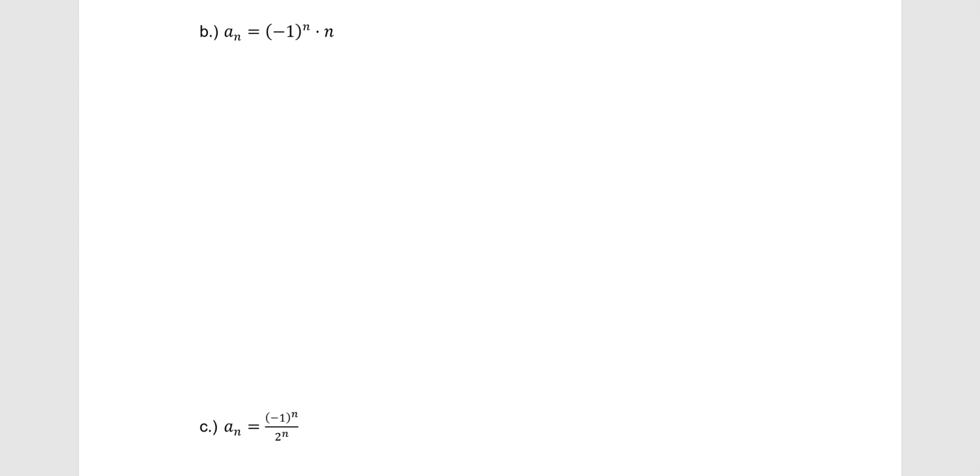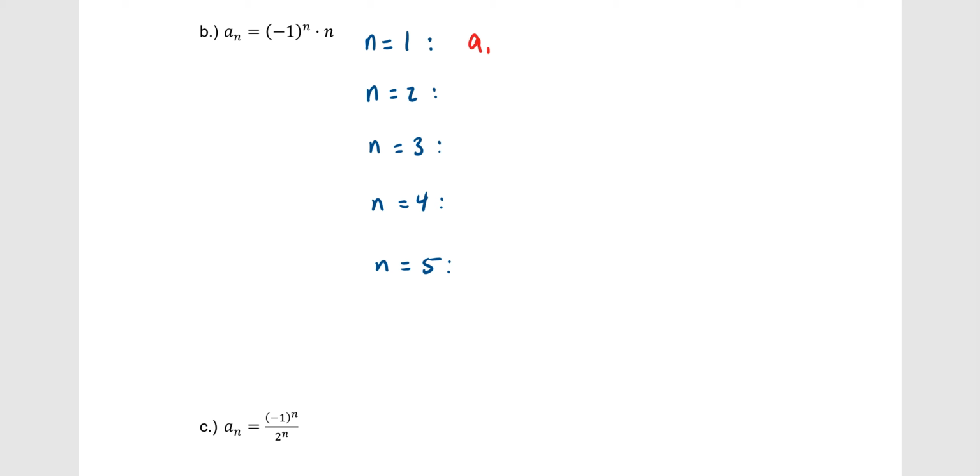And let's do 2 more with some of these common factors so we can see how to compute them. So we have a sub n equals -1 to the n times n. So once again, we want the first 5 terms. So we're going to be plugging in n equals 1 through n equals 5.